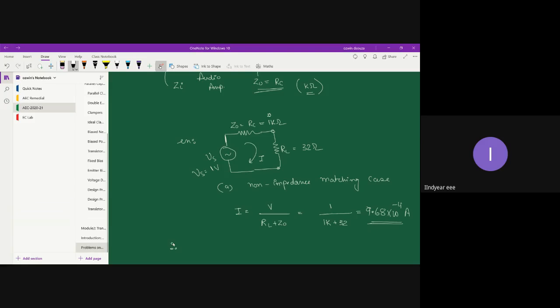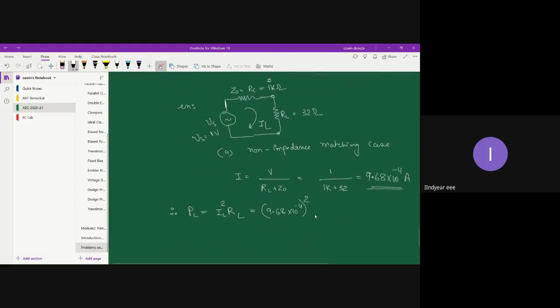Therefore power PL, that is power delivered to the load, is equal to IL square into RL. This itself is IL, because it's a series circuit. So it is basically 9.68 into 10 to the power minus 4, squared, times RL.